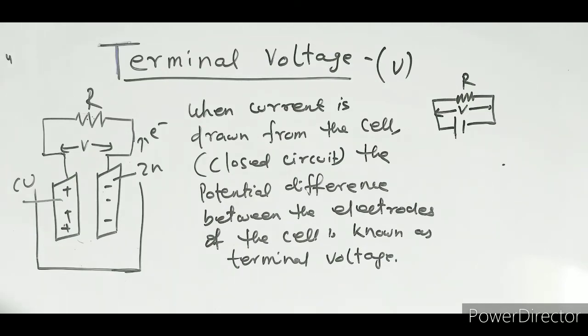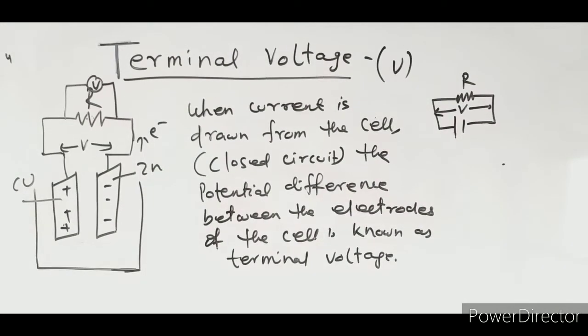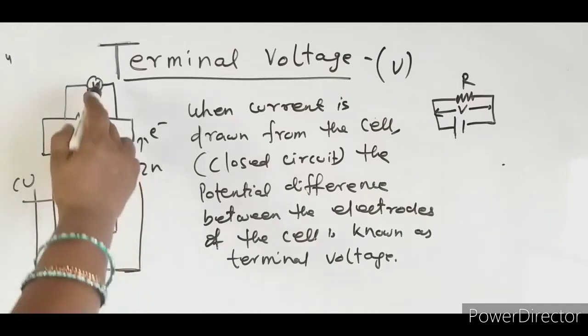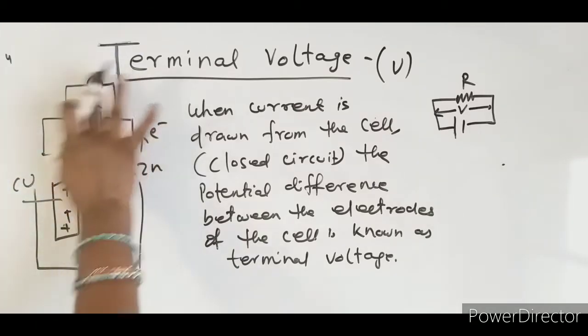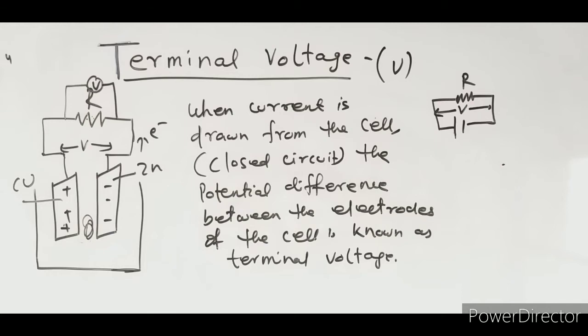Clear? Now if I take a voltmeter, which is always connected in parallel, across this R, we will find this voltage is less than the previous voltage we got in the case of EMF, because some energy will be spent here as it moves outside and goes inside again. So energy is lost here.